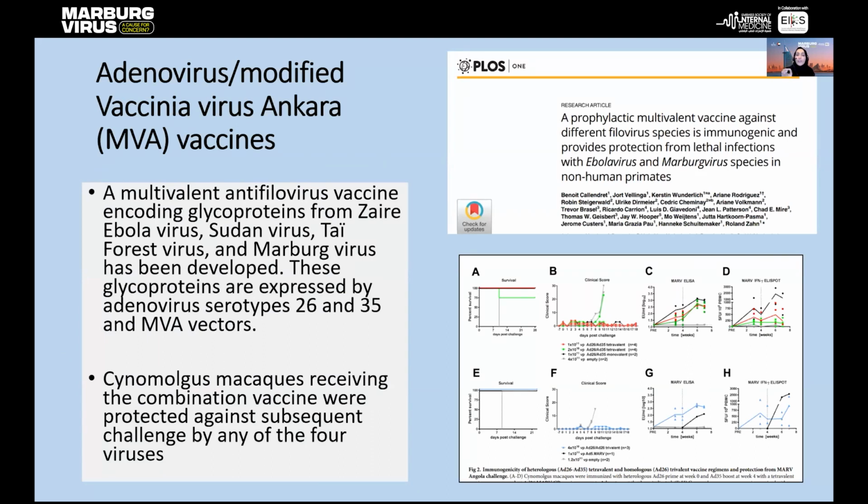These glycoproteins are expressed by adenovirus serotypes 26 and 35 and in the MVA vectors. Monkeys receiving the combination vaccine were protected against all the viruses.